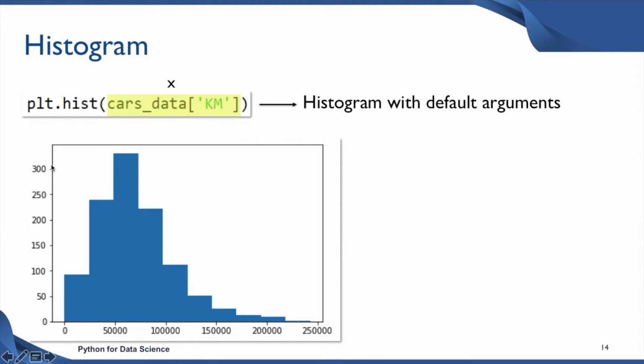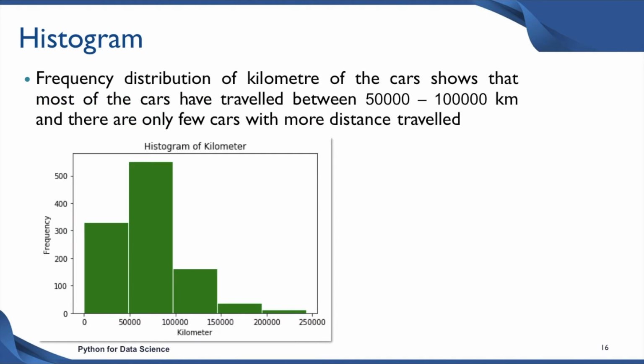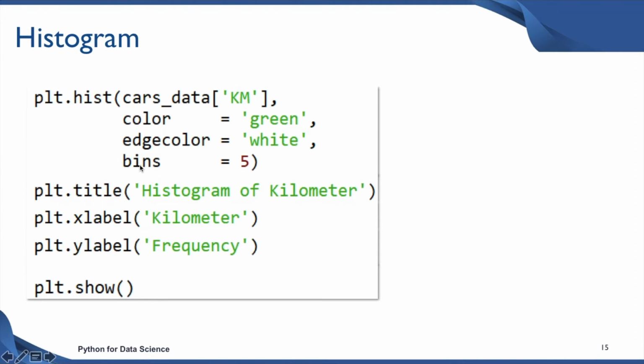For example, you can see that there are more than 300 cars which have traveled between the range of 50,000 to 1 lakh, right? So you can make an interpretation, so this is the intensity, this is the frequency, right?